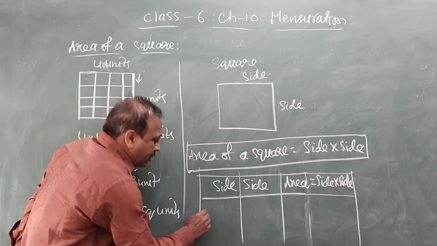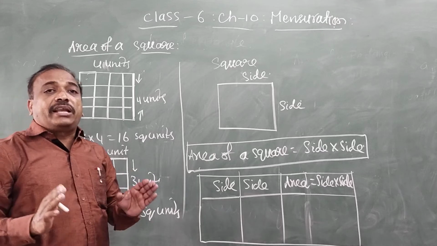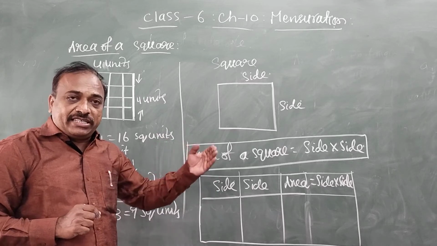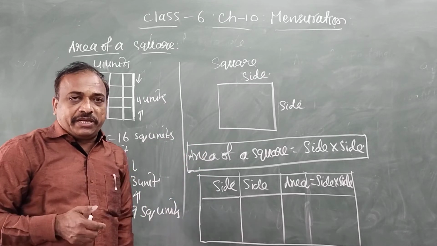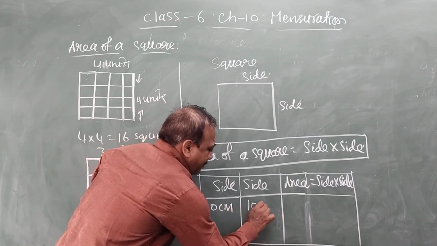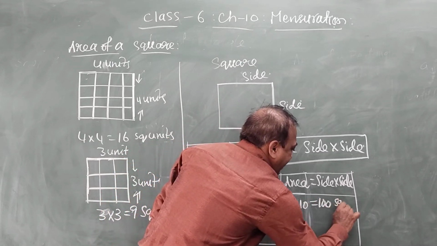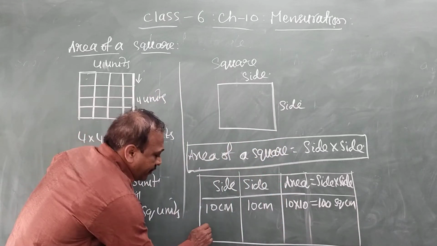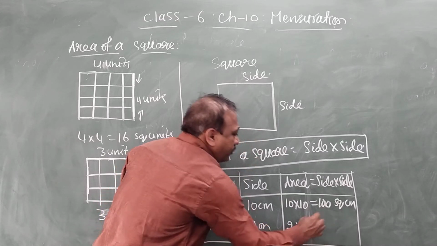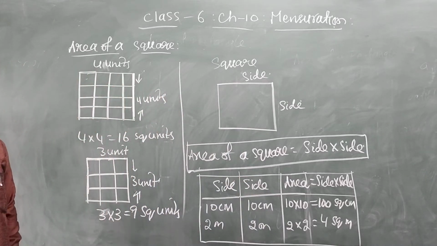Square is nothing but all sides are equal. We have already learned about these properties, what is a square and what is a rectangle, in previous chapters. So if you have a side of 10 centimeters, then 10 into 10 is equal to 100 square centimeters. If you have 2 meters, then 2 into 2 is equal to 4 square meters. This is about the area of the square.